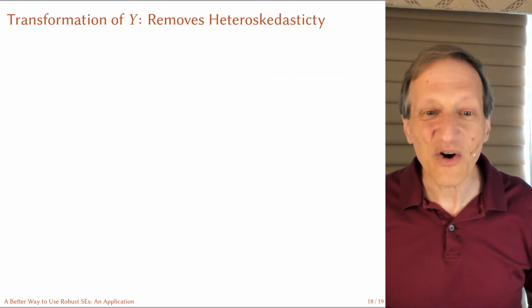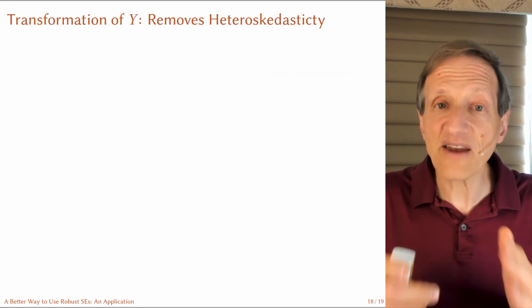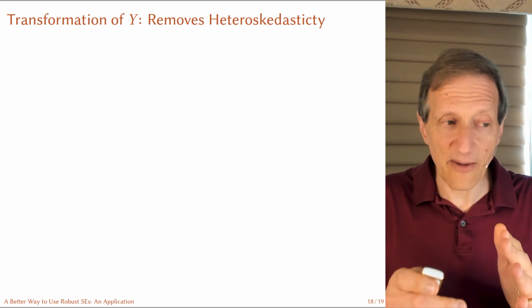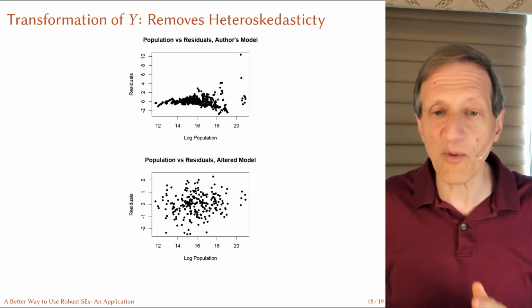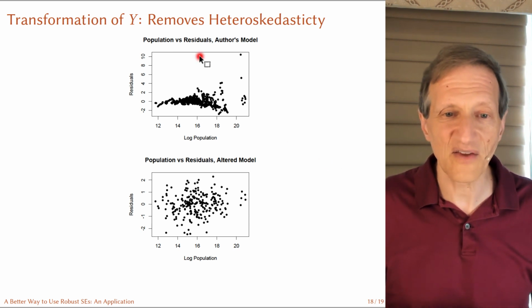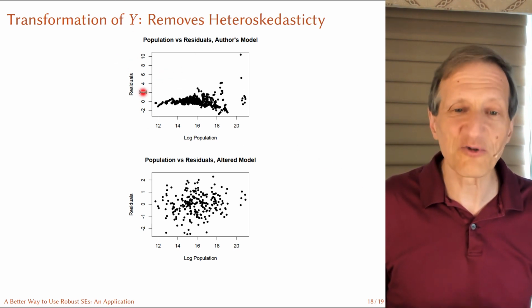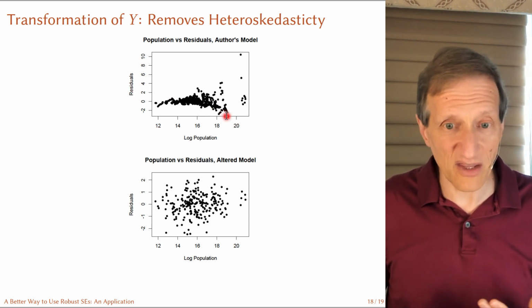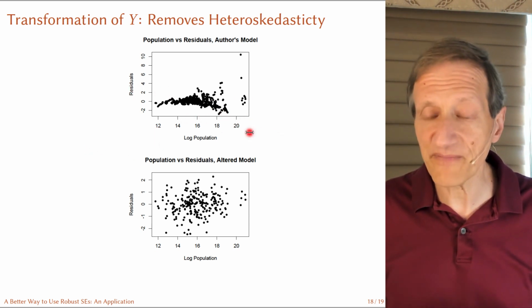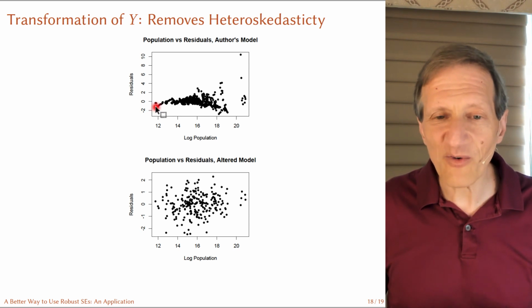Okay, so transformation of y not only removes the non-normality, it removes a quite remarkable kind of heteroscedasticity. So here are the actual residuals. Remember, this is the better way of doing it. Here's a key variable in the analysis, log population. Now note what's going on here.